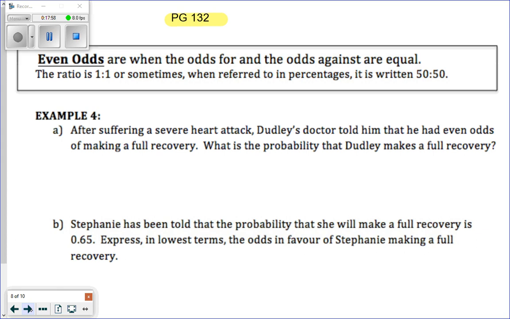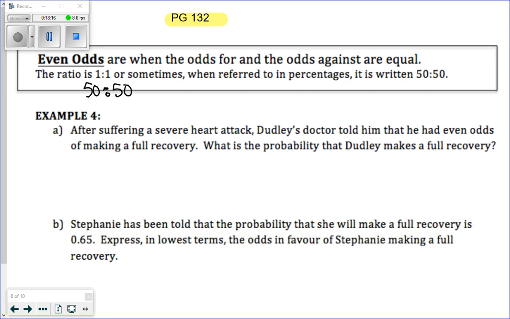Okay. Even odds, or think of them as 50-50. Even odds is referred to as 1-to-1 or 50-50, or written in percentages.